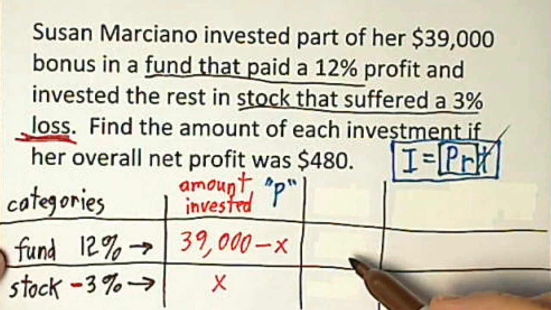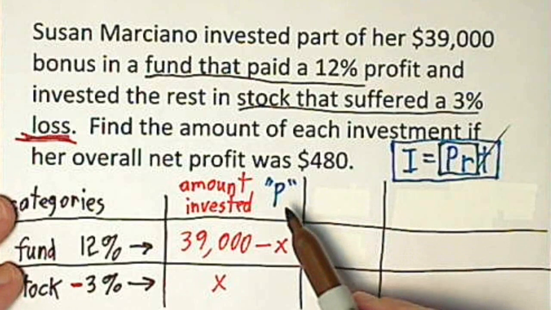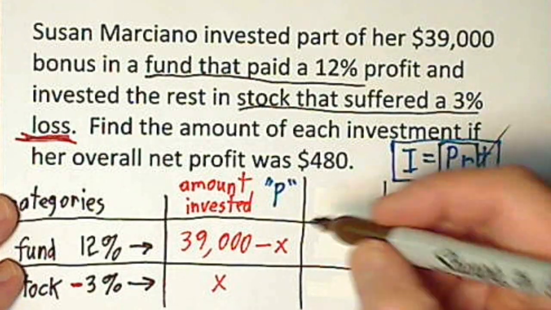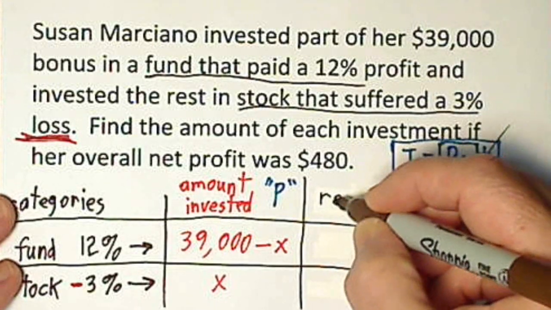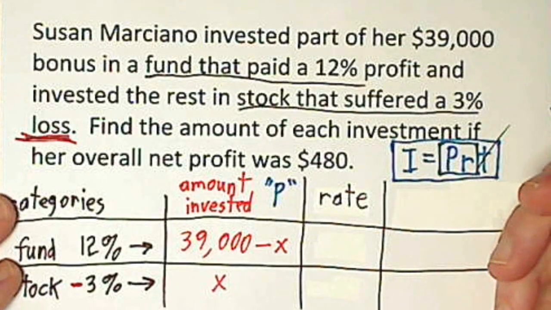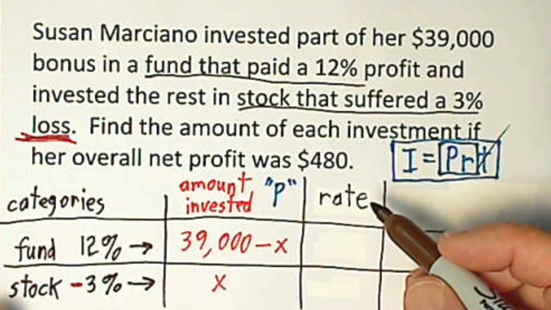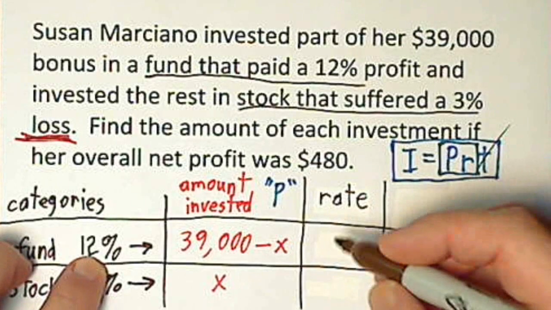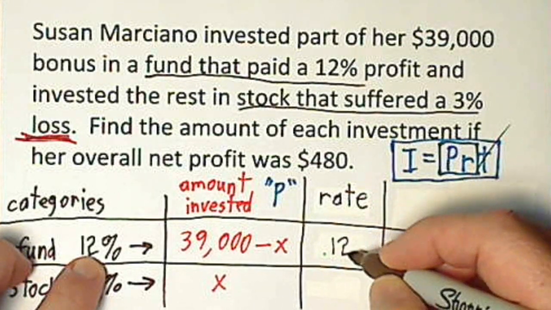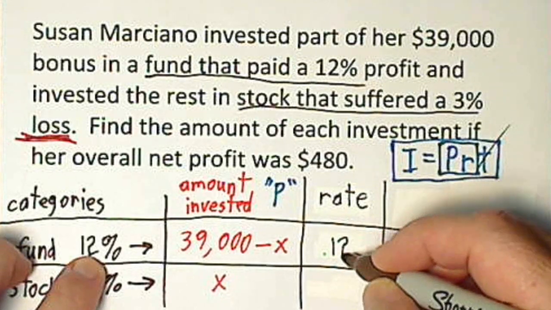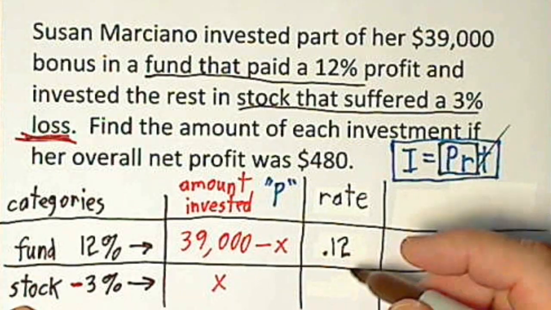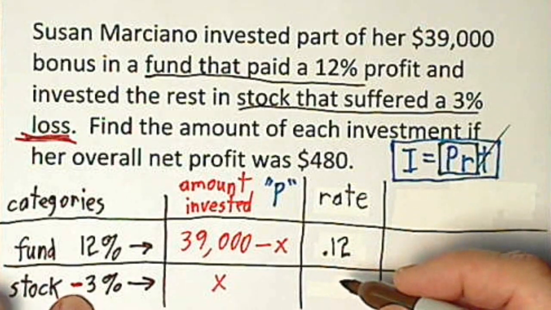Okay, now to work on the next category, I have the amount invested, or the principal, but I'm also going to need the rate. Okay. And we know that this is 12%, so I'll write that just as a decimal. That's 12 hundredths. And for the stock, that's 3%. It is a negative. All right.